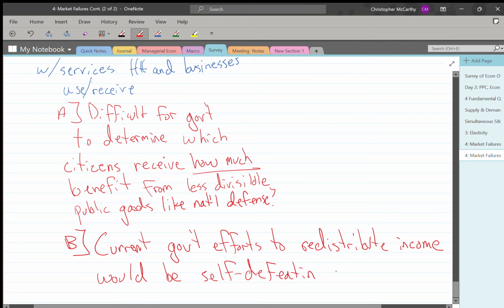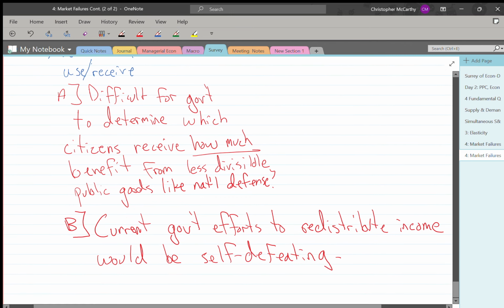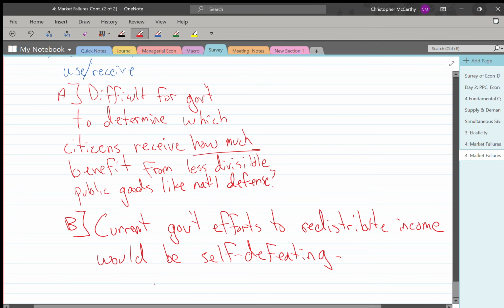The welfare recipients would have to pay for their own welfare in an extreme version of this, right? So it just doesn't really work.